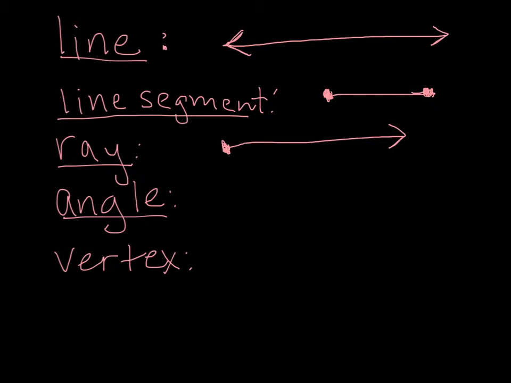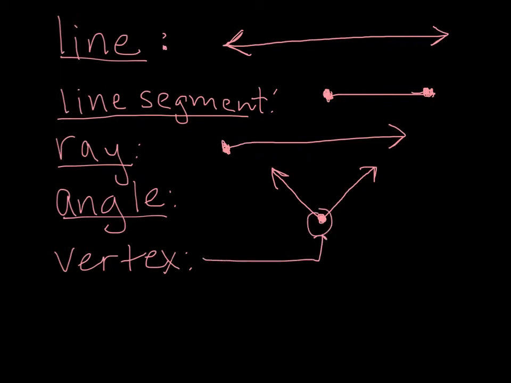Okay? An angle is formed when two rays meet at the same endpoint. So imagine here's a ray and here is a ray, right? And they both meet down here at that dot. Well, where that dot or that endpoint is, that's what a vertex is called.